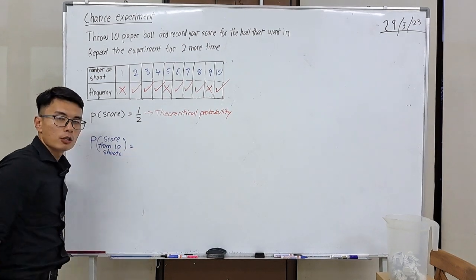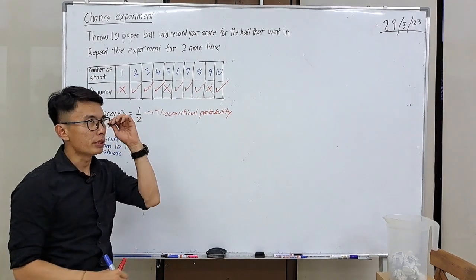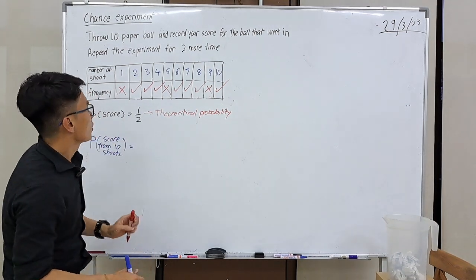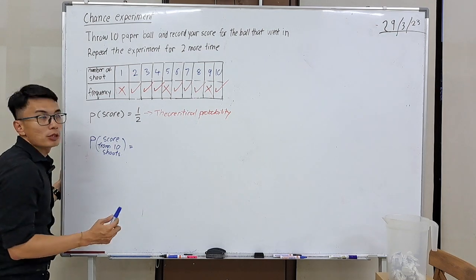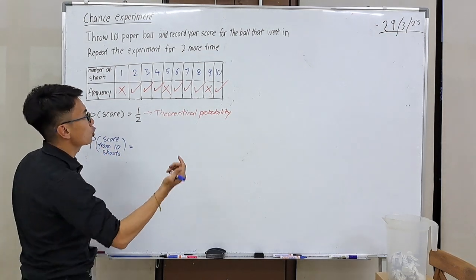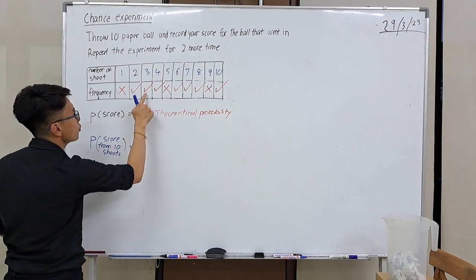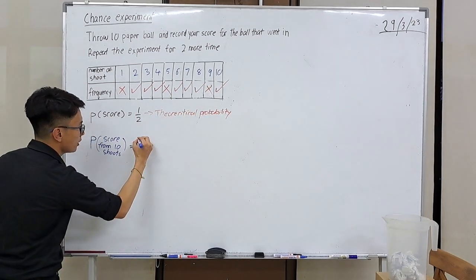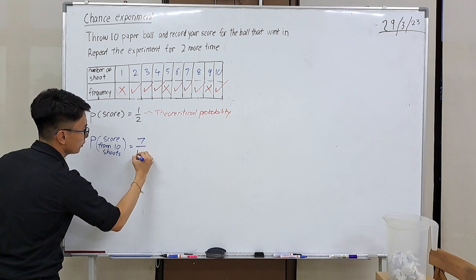So what's going to be? So to calculate probability, it's going to be the number of outcome over the total outcome, right? So what is the number that I score out of the 10 throws? So I have 1, 2, 3, 4, 5, 6, 7. Okay, so it's going to be 7 out of 10.